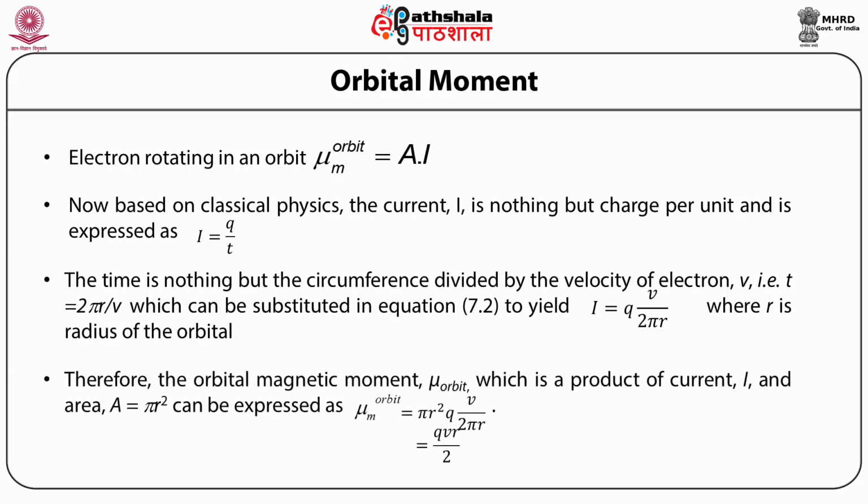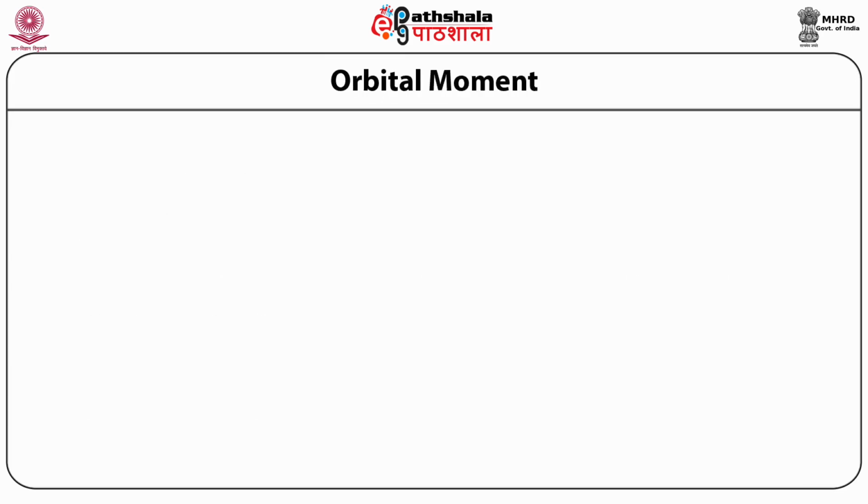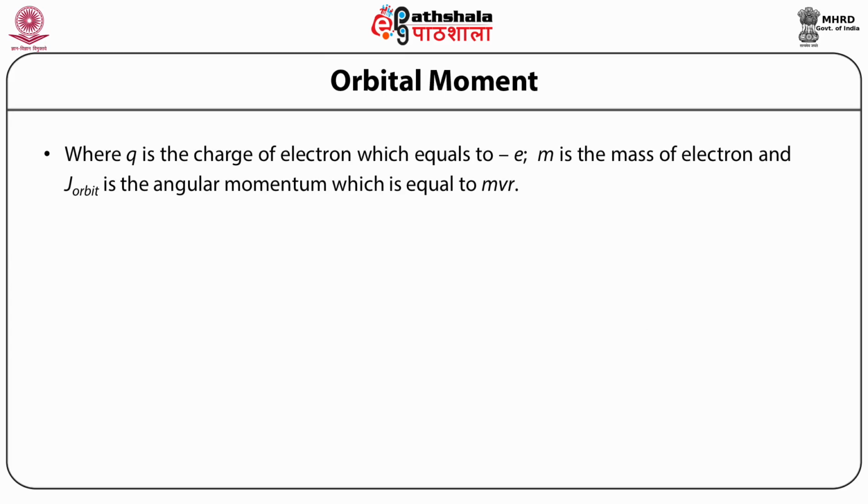Now putting the value of I in the expression of orbital moment, we get mu m orbit is equal to pi r square multiplied by q multiplied by v by 2 pi r, and this has been simplified to qvr by 2. Hence, now putting the value of q, we get mu m orbit is equal to minus e by 2m multiplied by mvr.